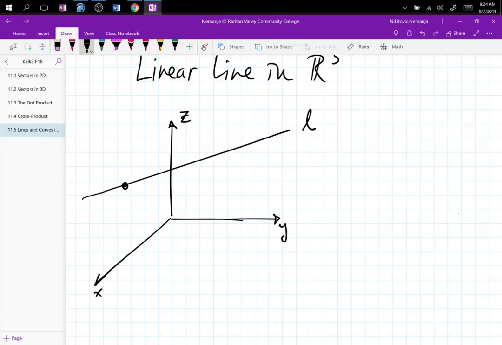So we need 2 points, and one of these points needs to be the initial point. So we'll call this P0 with the coordinates x0, y0, and z0. And guys, this is a fixed point.